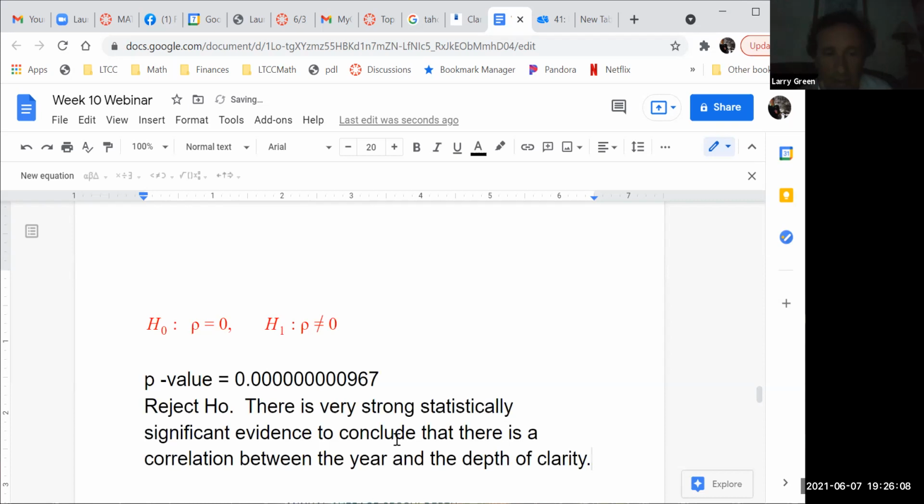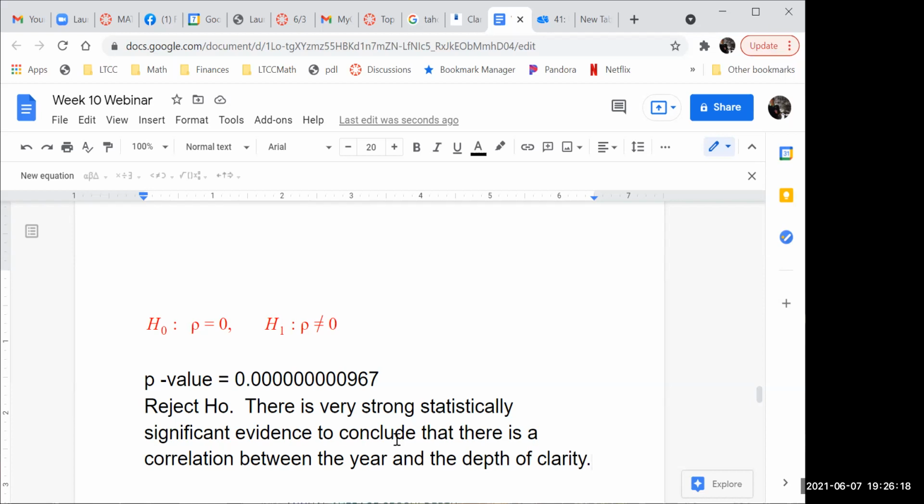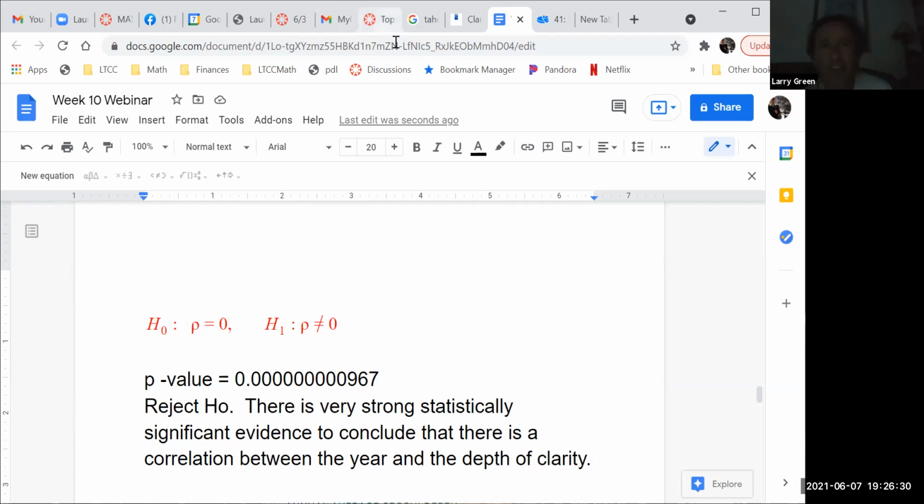Any questions on the p-value, interpreting the p-value, H naught, H1? Any questions on any of that? You just wrote out a sentence, but you said we can only do symbols. Okay, symbols, right.